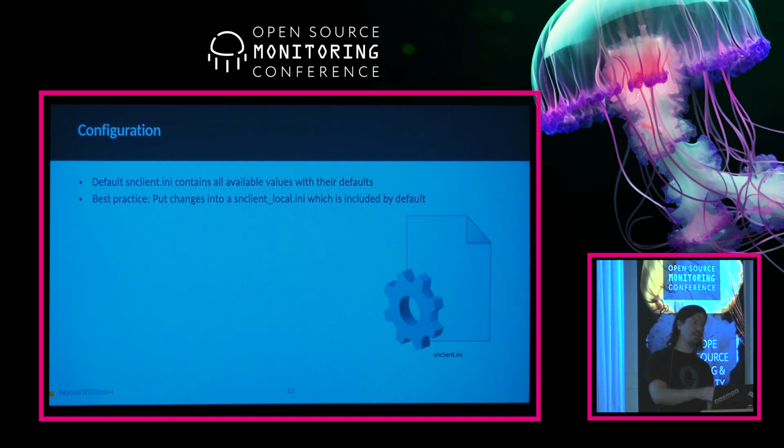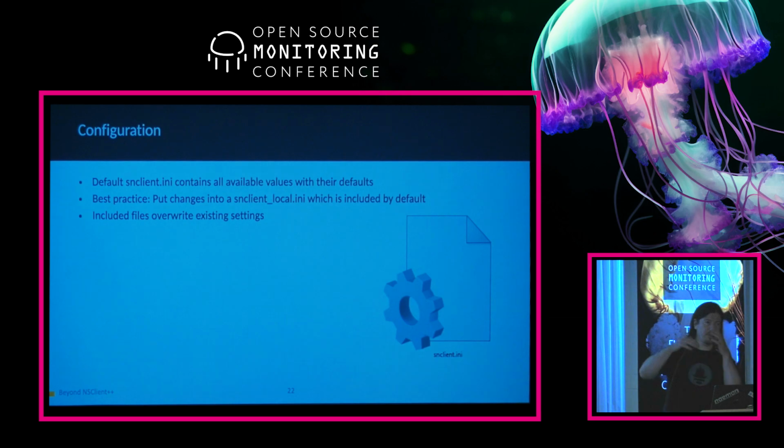And you can use the snclient.ini to look up existing configuration values. I think this is different to NSClient because, according to my knowledge, NSClient did not override config values if you used them multiple times. And this is different in SNClient.